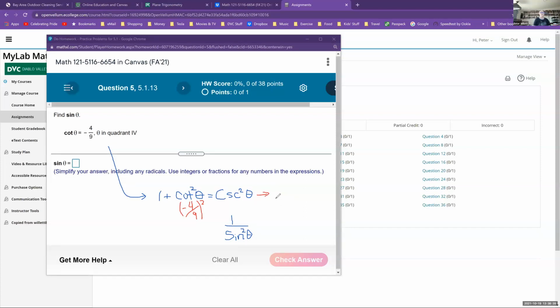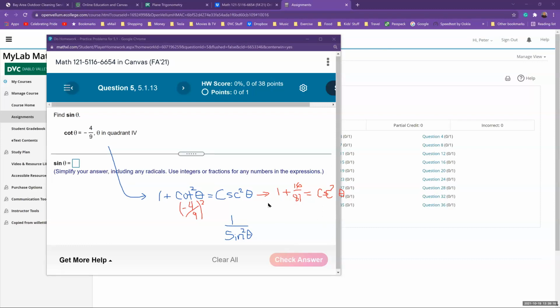So that gives me 1 plus, and -4/9 squared is 16 over 81, and that's equal to cosecant squared. Oh, sorry for the writing. That's why I usually switch to my tablet, because it's so much harder to write with the mouse on here.